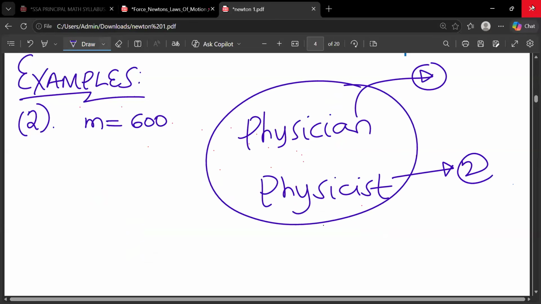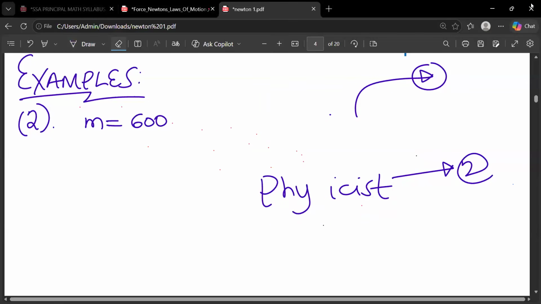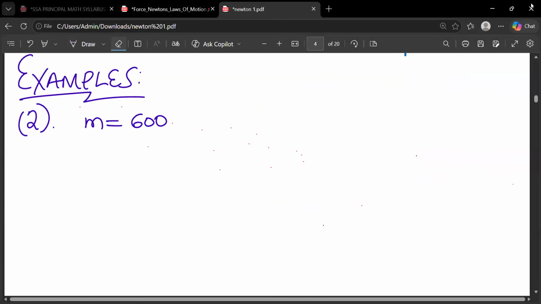Is it the physician or the physicist? Oh, so who is a physician, if I may ask? So if a physician is a doctor, so you learn that. You should also learn communication skills. Physician, medical personnel. Physicist is a student, tutor, educator of physics.